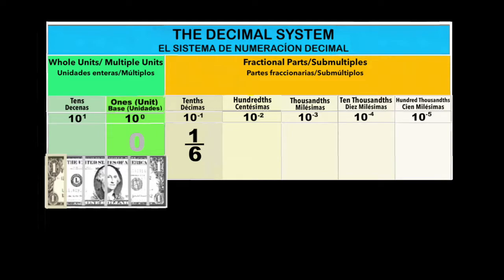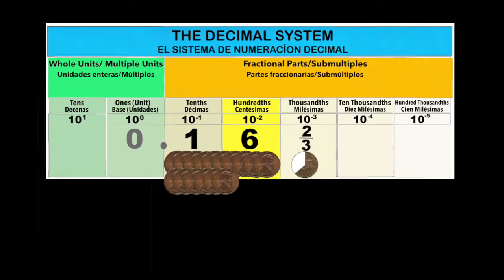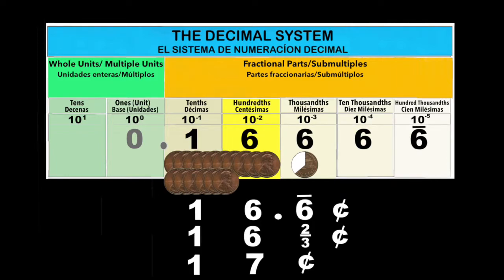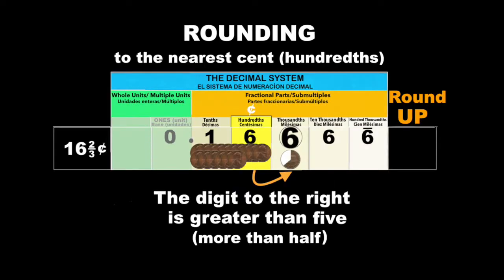One-sixth of a dollar, 1 2/3 tenths, 16 2/3 hundredths. Round up if the digit is greater than 5.